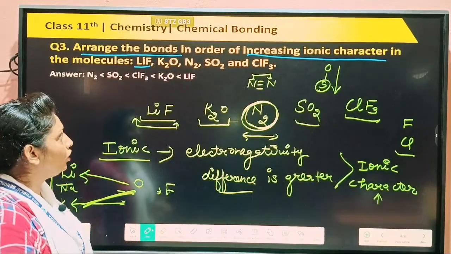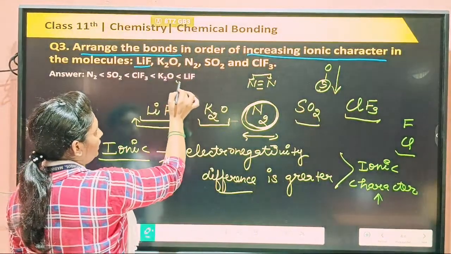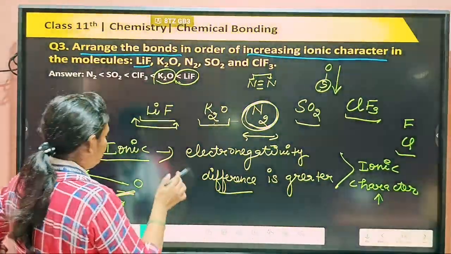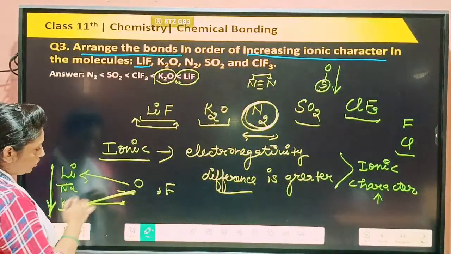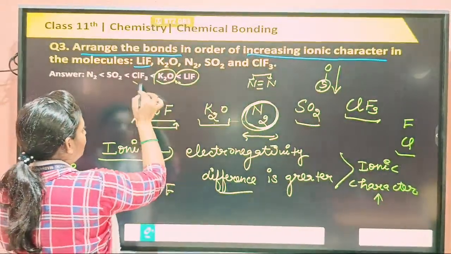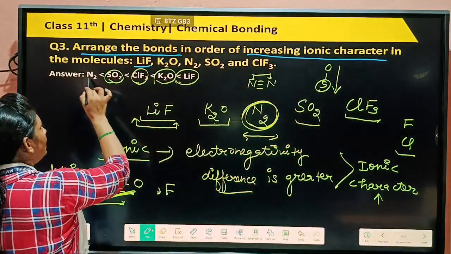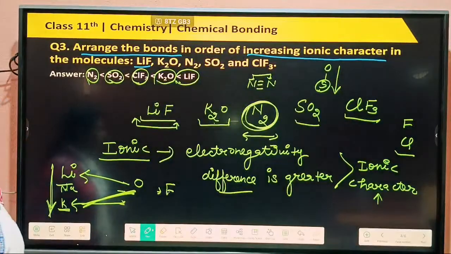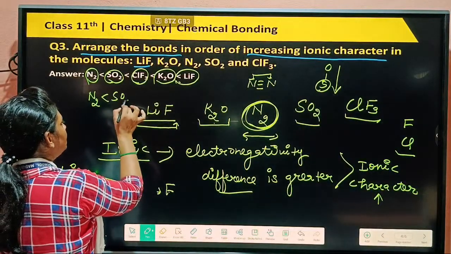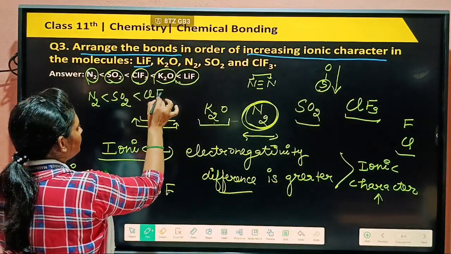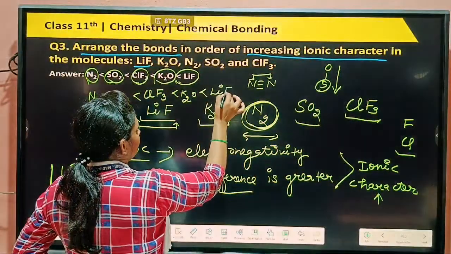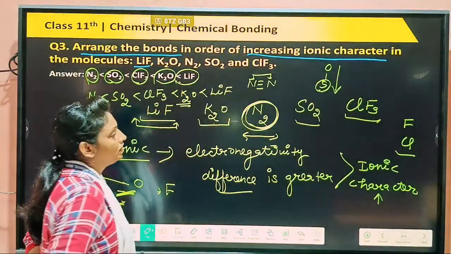So what will be the order? Lithium fluoride has the maximum, then potassium iodide, because their group difference is there, so the electronegativity difference is more here. Then ClF3, then SO2 and N2 at the minimum. So this will be the order for ionic character.